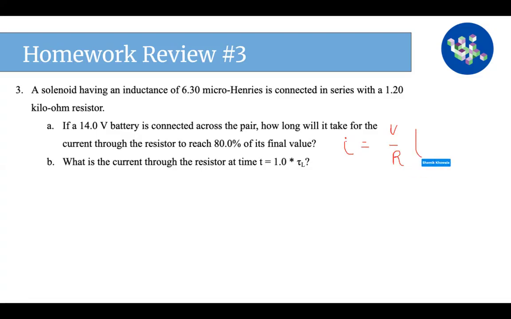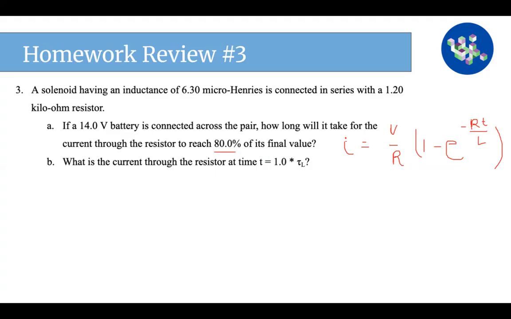V over R times 1 minus e to the negative RT over L. So we want the time when I is 80%.